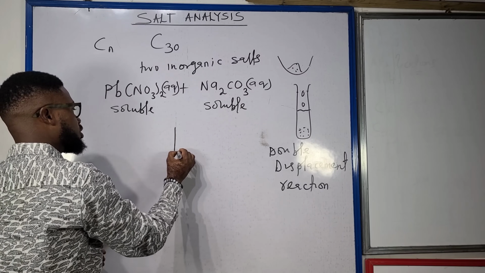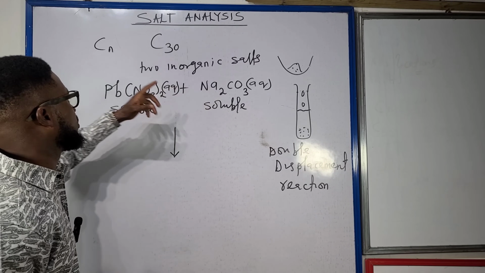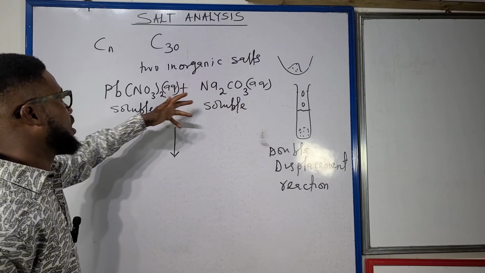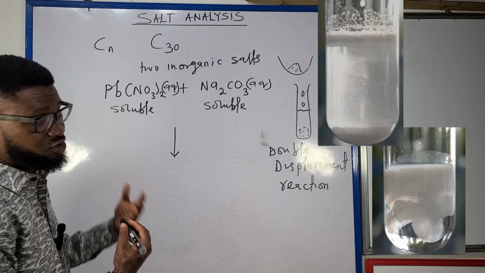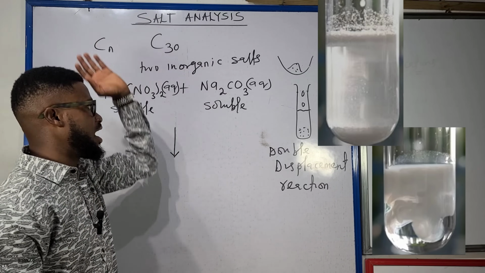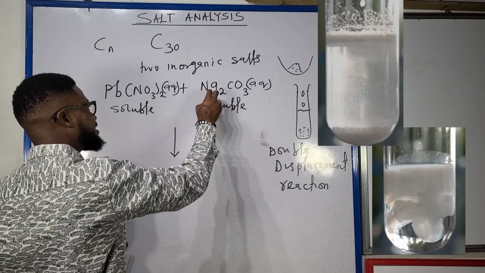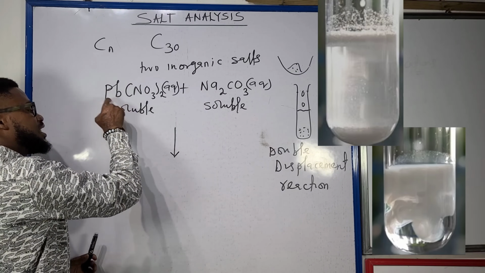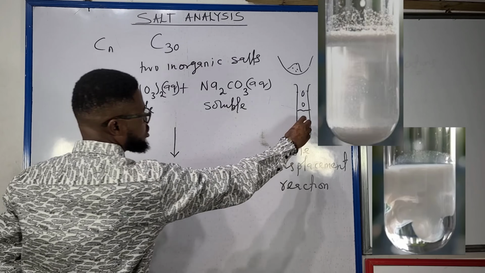But this is what the product will be. Sodium is capable of actually displacing lead here, given that sodium is a stronger reducing agent. It is higher up in the electrochemical series. So sodium has the tendency to displace lead from this given mixture setup here.